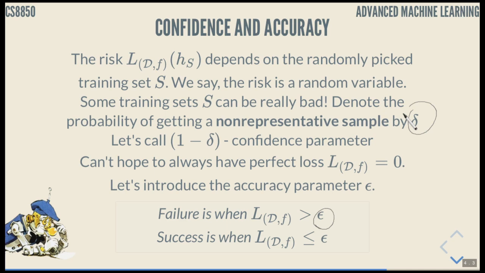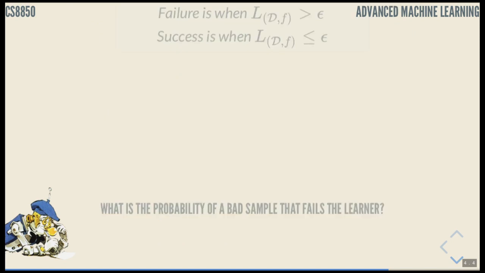But also, we can't always hope to achieve perfect error. And we introduce epsilon. It's our tolerance. And again, both delta and epsilon are in the interval 0 to 1, right? Delta couldn't be fully 1, otherwise it just doesn't make sense because our confidence is completely 0. And similarly for epsilon.